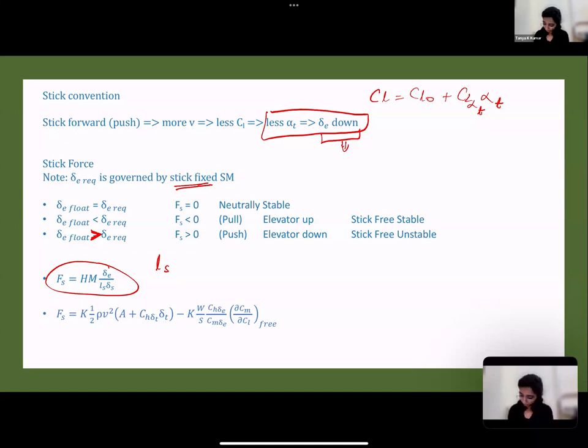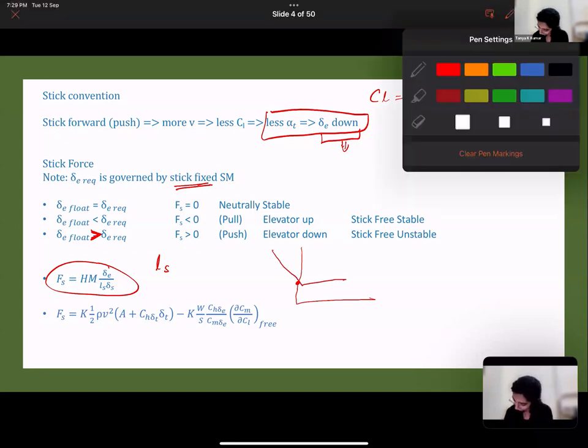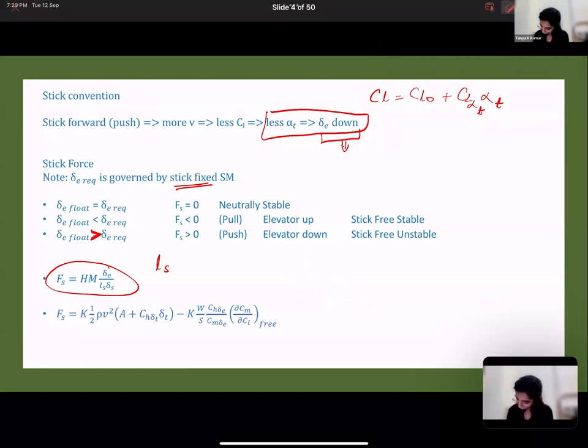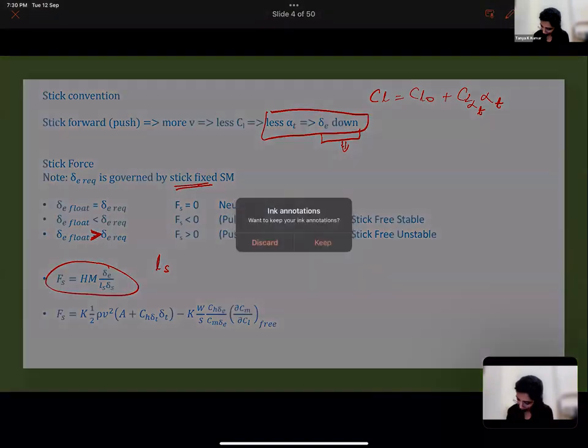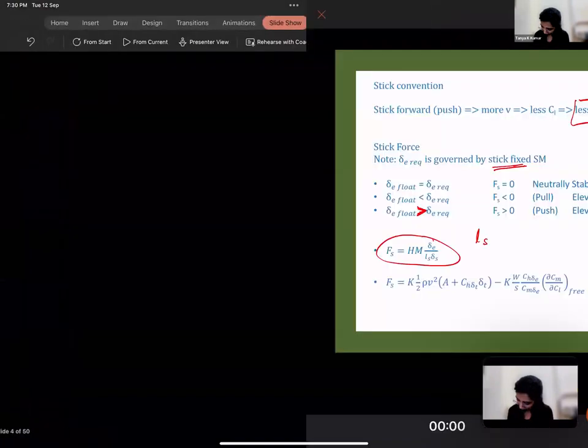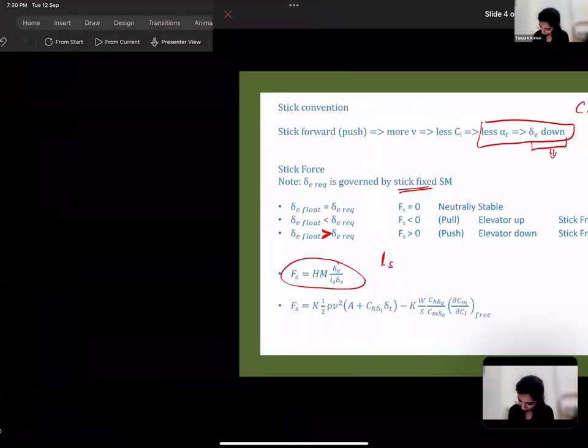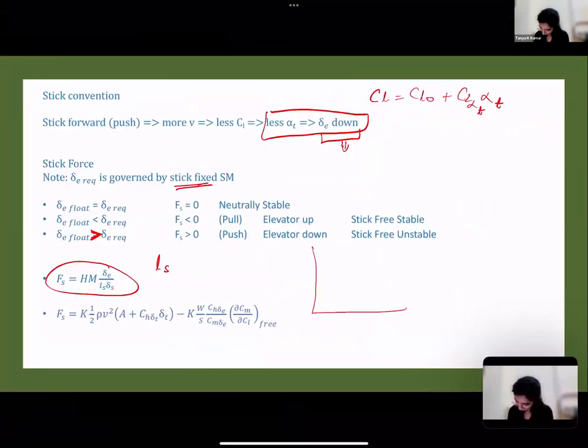Okay. So this is the stick. It's hinged about a point, and if I push or pull it, this is how. So this is your stick, hinged about this point.